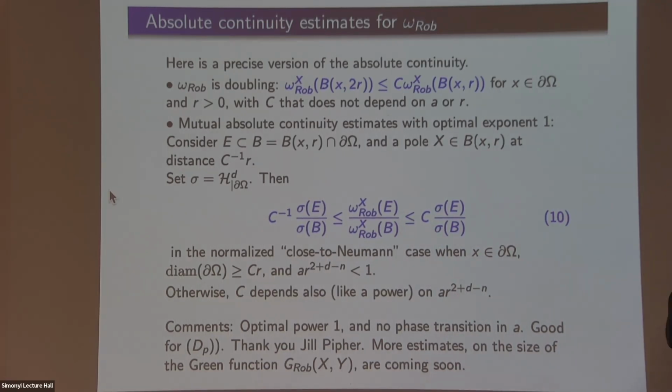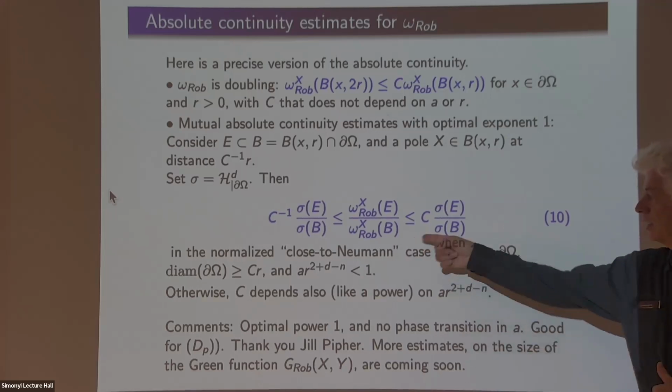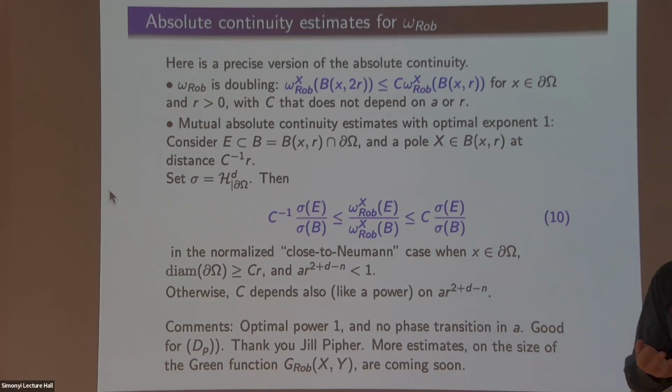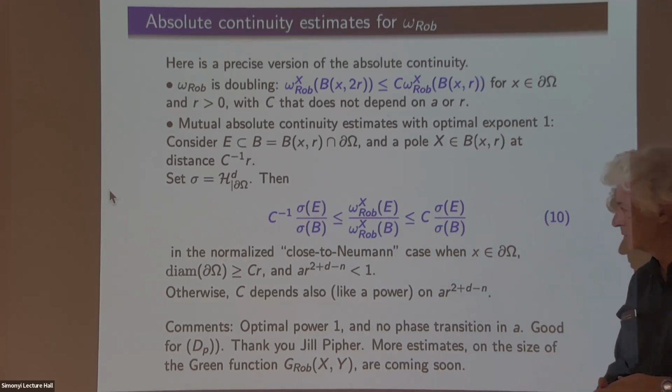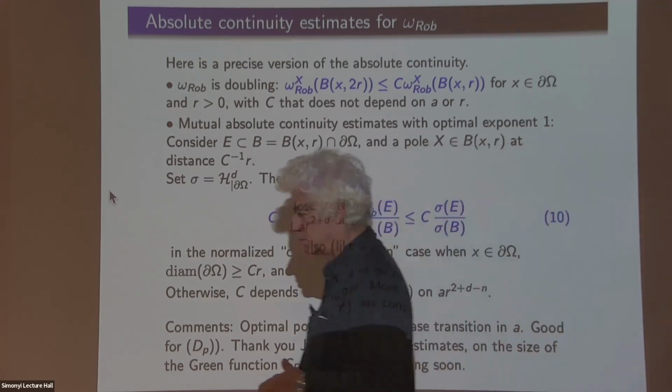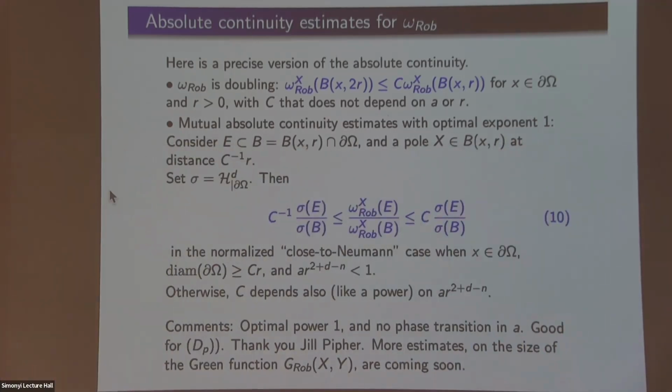So it deteriorates: when you take larger and larger radii, the estimates get worse. But below some radius, which depends on little a, the two measures are proportional to each other. You mean it's wrong? It's wrong. You mean that alpha and beta cannot be taken as one in the Dirichlet case?